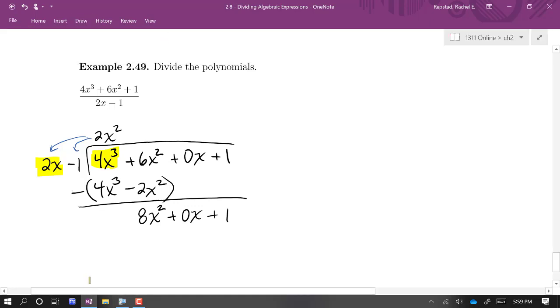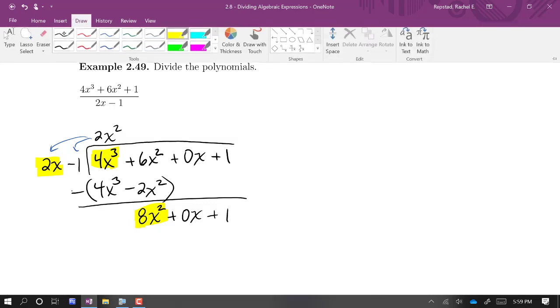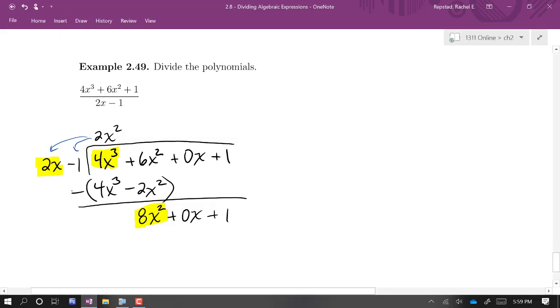Next, I just start the process over again. Now, what do I multiply by 2x to get 8x squared? That is 4x, a positive 4x, so this is plus 4x. Multiply 4x by 2x minus 1, so I get 8x squared minus 4x.